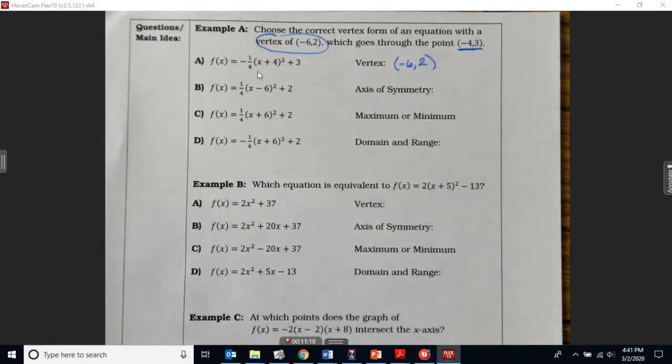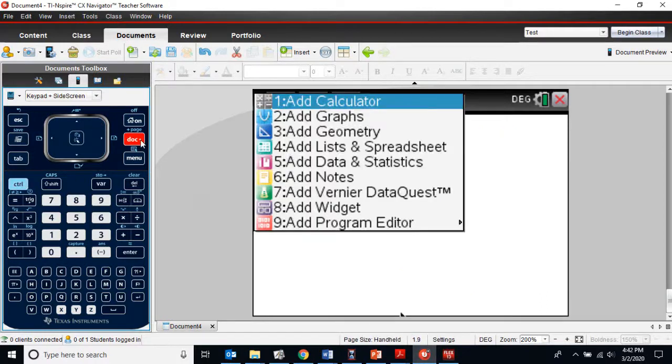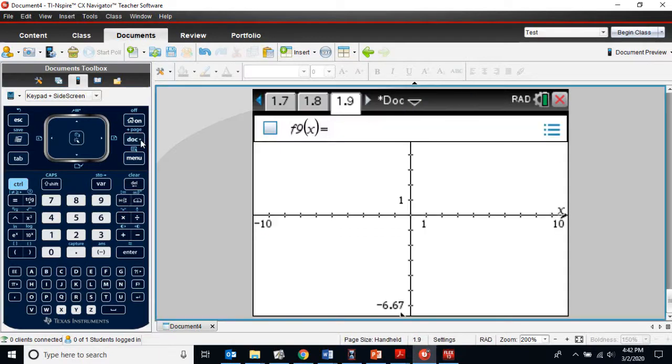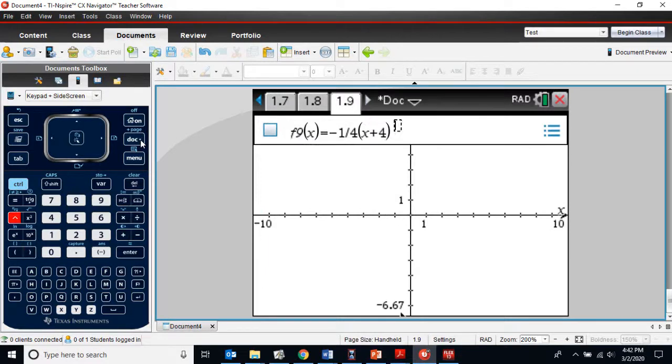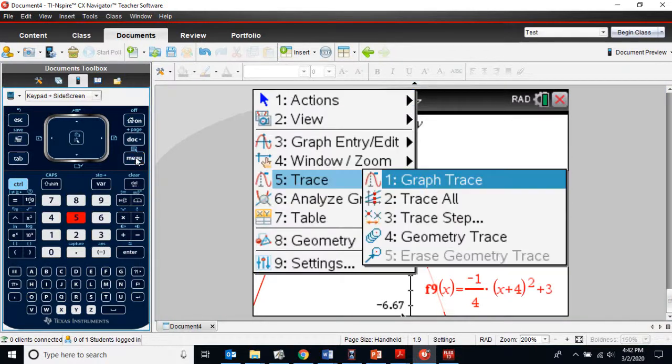So we're going to go to our graph page and we're going to start typing in the answer choices. So example A, here's answer choice A. I have -1/4 times x plus 4 squared plus 3. And again, I'm going to focus on which one has the correct vertex.